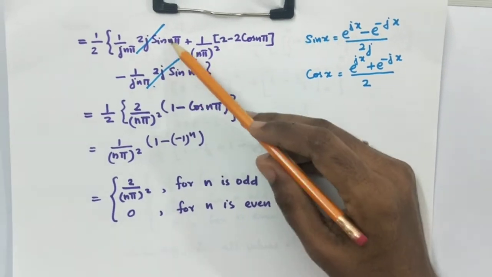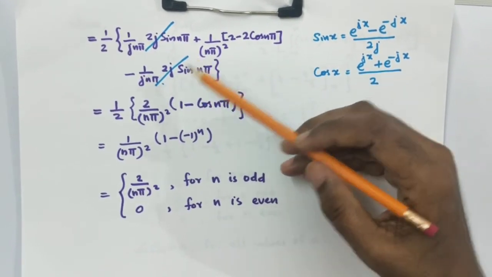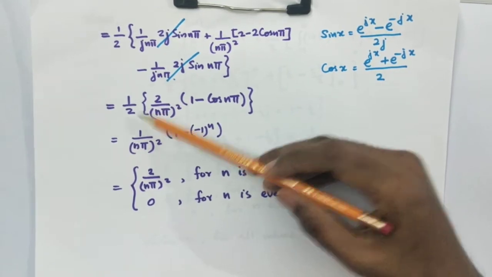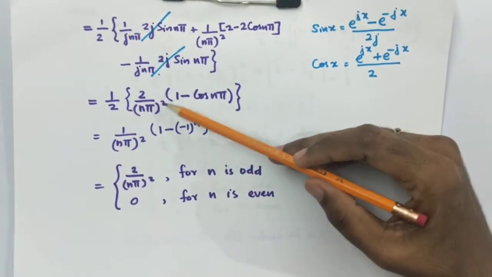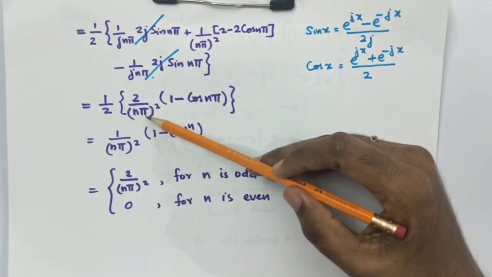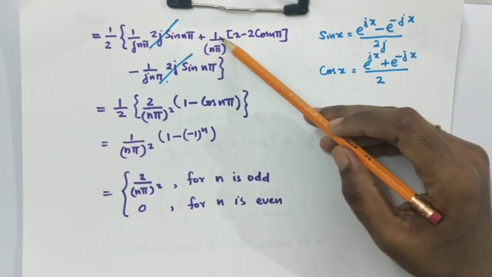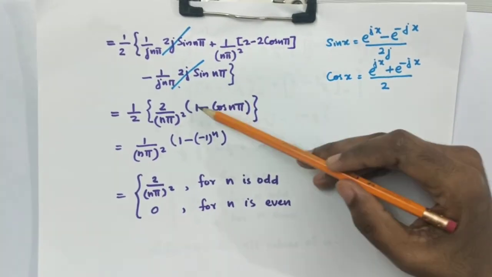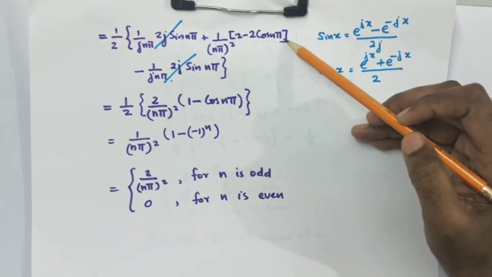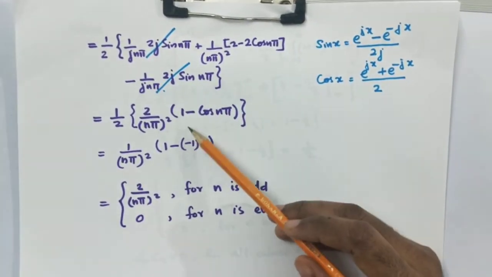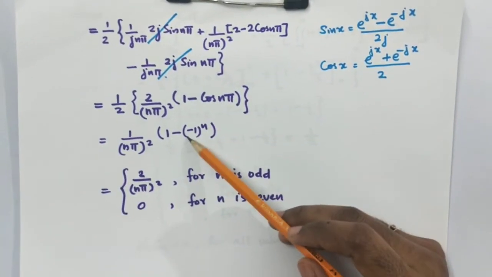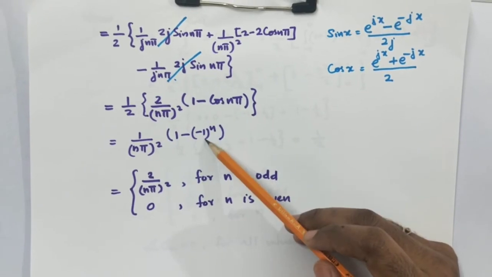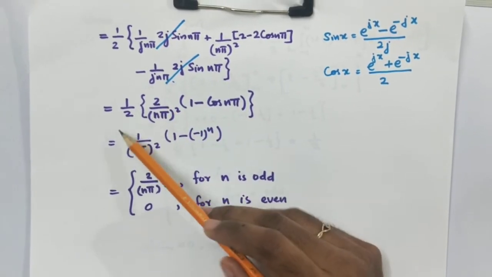These terms cancel. So we are getting 1 by 2 into the second term, that is 1 by 2 by nπ the whole square. This 2 is taken outside, into 1 minus cos nπ. So what is cos nπ? That we know, that is minus 1 all raised to n, and these 2 are cut.